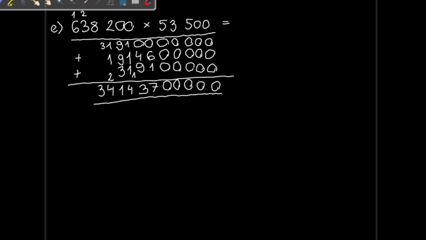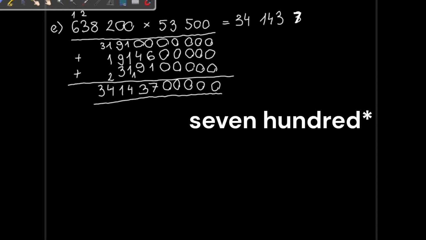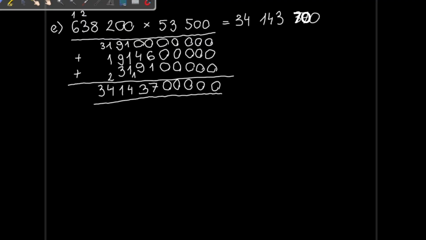Alright. That's 34 billion again. Okay. 143,370,000. Yep. That's our product of these 2 factors here.